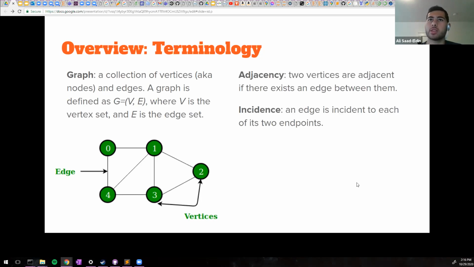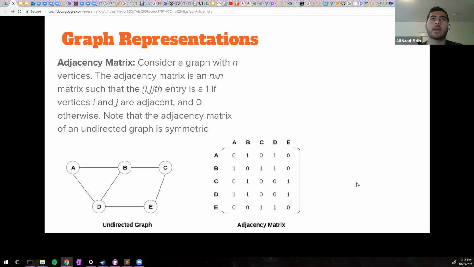And then just a few definitions. Adjacency: two vertices are adjacent if there's an edge between them, and an edge and a vertex are known as incident if that vertex is an endpoint of the edge. And how we represent graphs mathematically is with adjacency matrices.